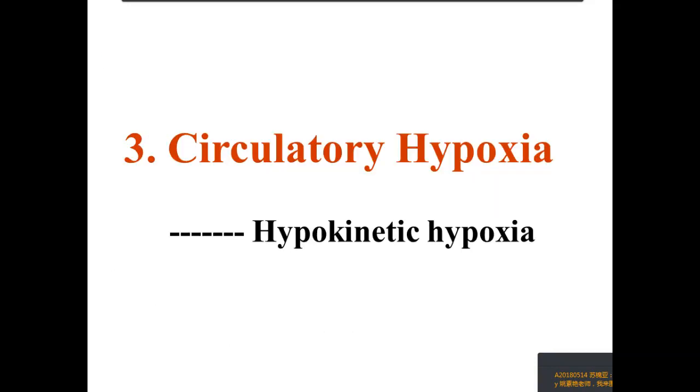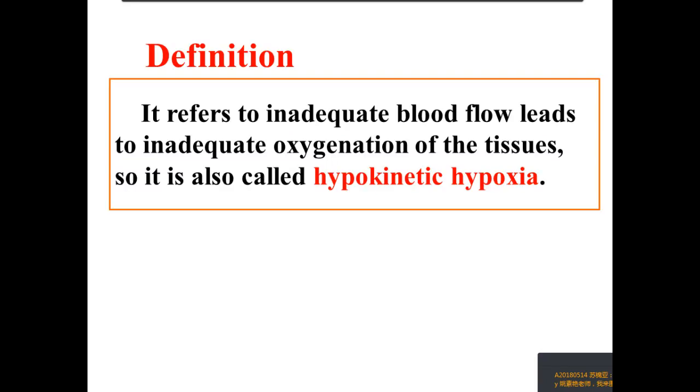Now we have learned two types of hypoxia. The third is circulatory hypoxia, also called hypokinetic hypoxia. The definition: inadequate blood flow leads to inadequate oxygenation of the tissue.